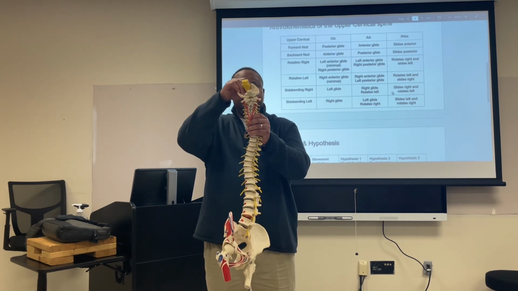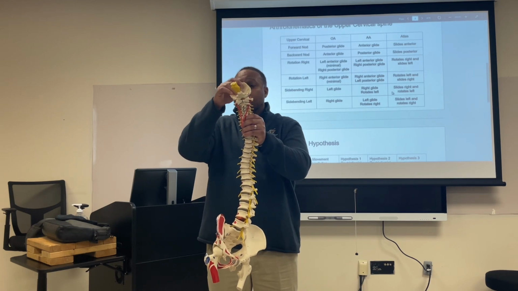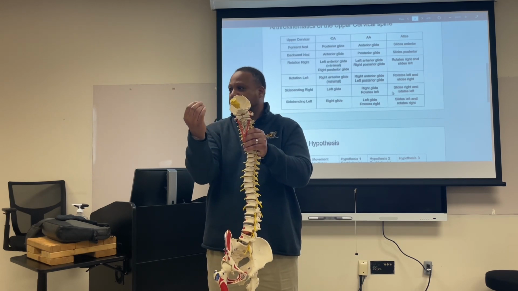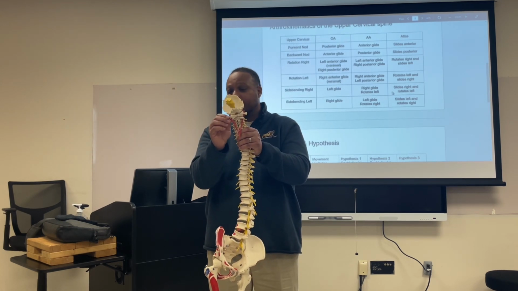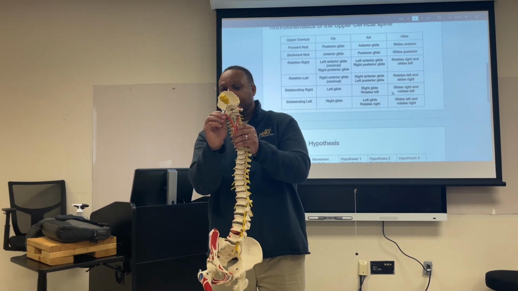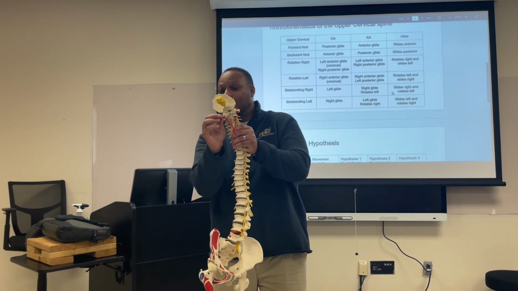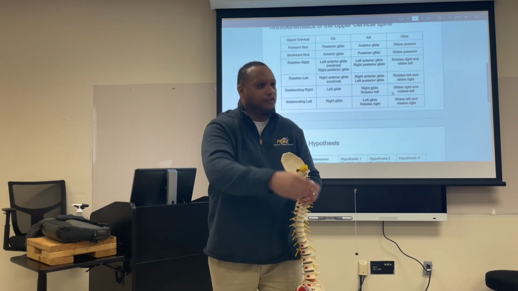So with side bending to the right, the atlas slides to the right, but there's some minute rotation to the left. As it slides to the right, so picture it sliding to the right, it's very minute. As it slides to the right, some rotation left occurs.